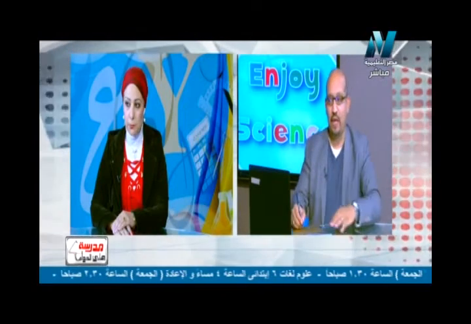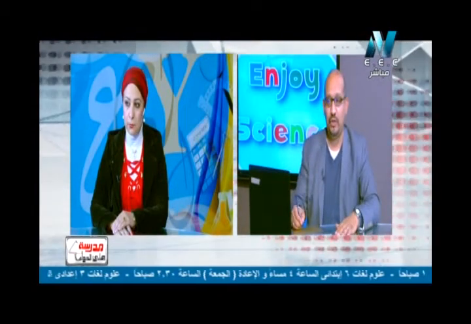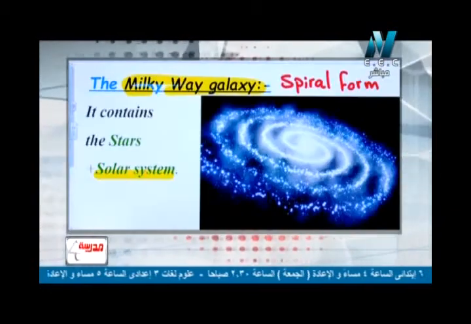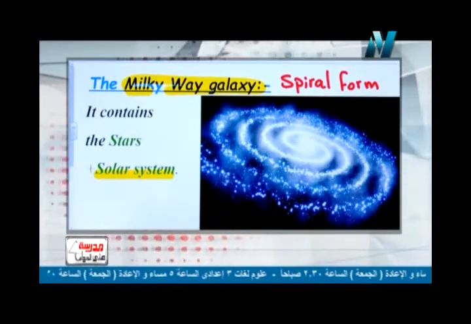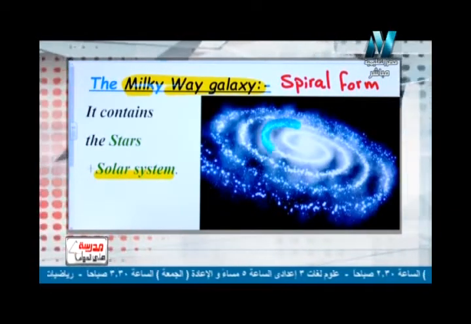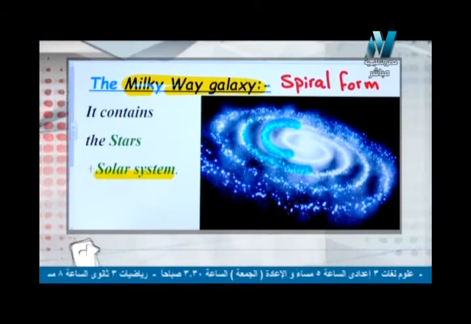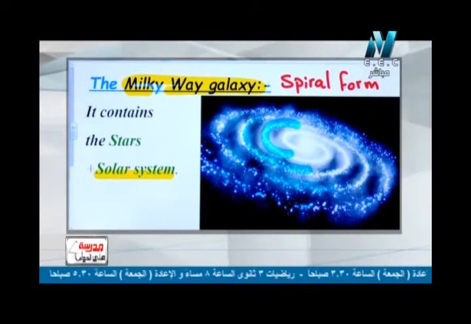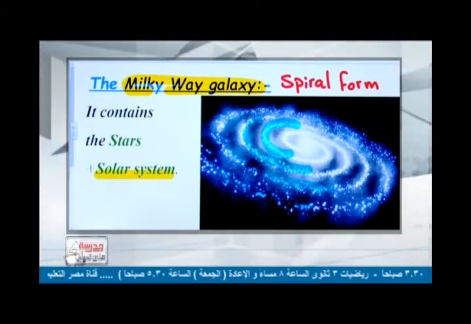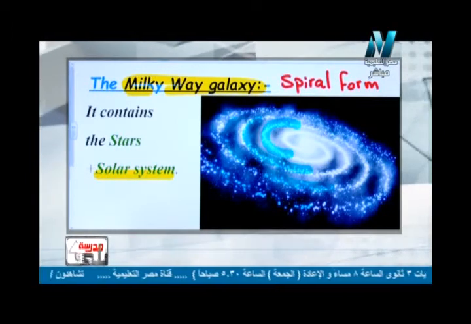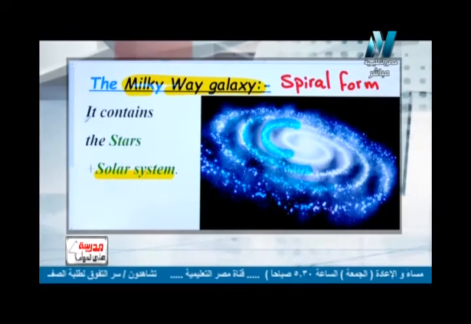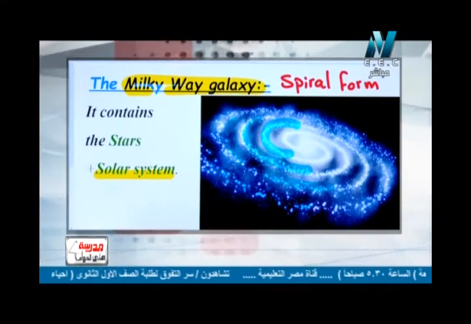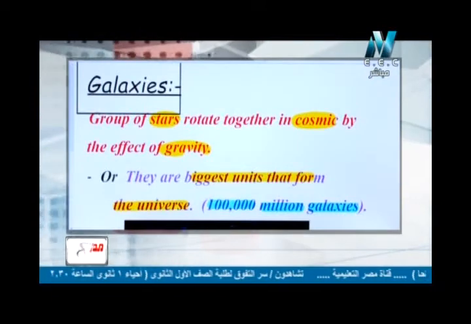Okay, as you see here, we have this picture or diagram to illustrate the formation of the solar system. The spiral arms are curved lines, and each one of them contains billions of stars.